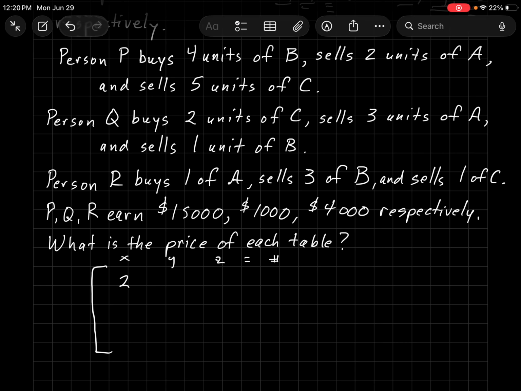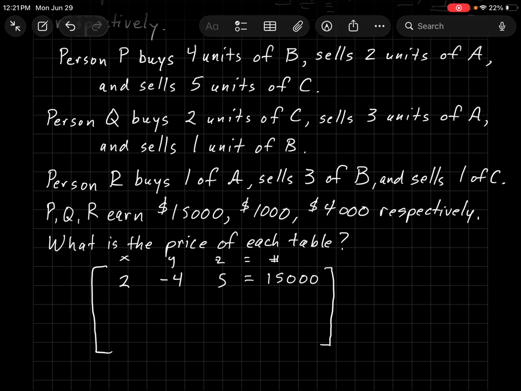Well, my claim is that it's going to be negative 4 of the Y, and then 5 of the Z. This is my person P, and that person will earn $15,000.